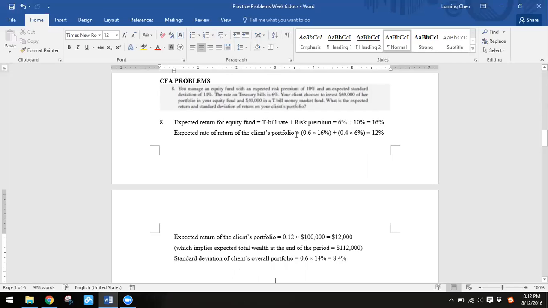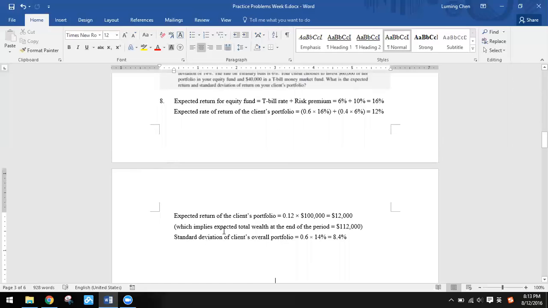So the expected return of the whole portfolio is 60% times the expected return on this fund plus 40% times 6% on the T-bill.